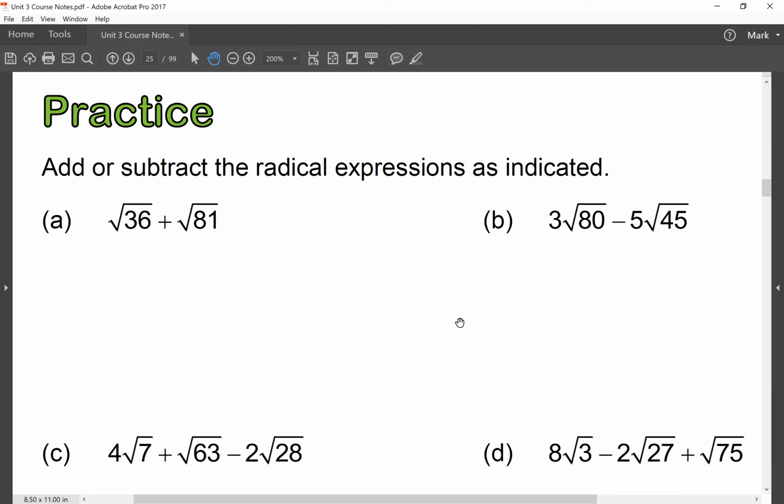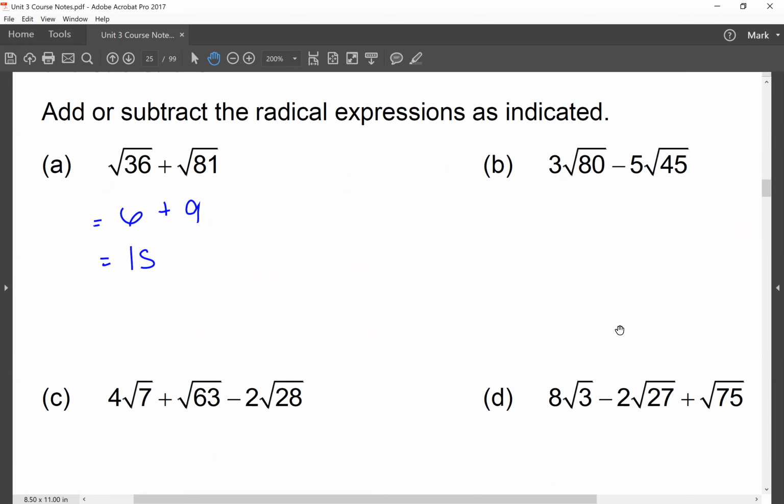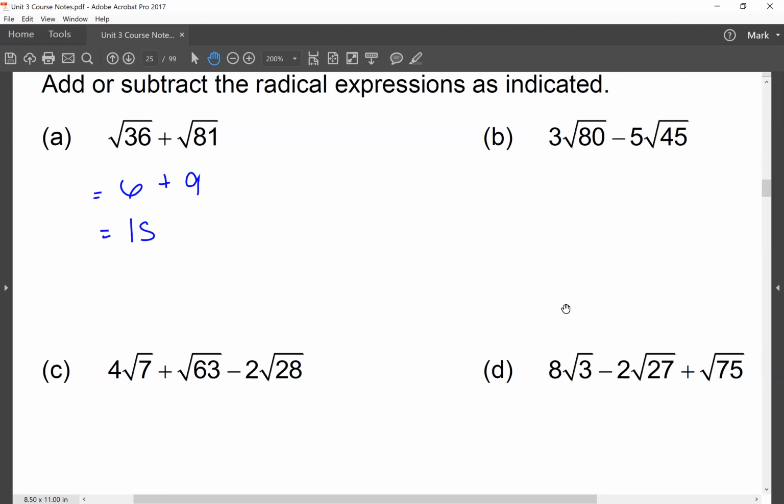A isn't really a fair one because the square root of 36 is 6 and the square root of 81 is 9. So there you go. That's 15. That's easy. Questions like B, C, and D, you guys can actually do on your calculators, but I'll show you how to do it without a calculator.